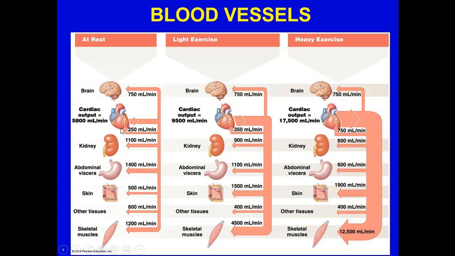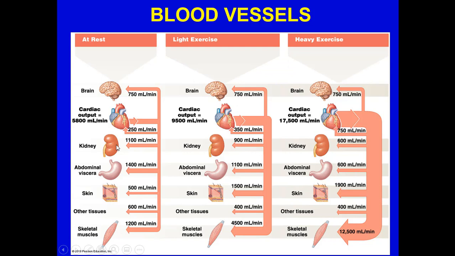Okay? And by the way, those lower numbers here, this is your cardiac blood supply to the heart muscle itself. Notice you go from 250. As you start getting more active, you go to 350. And as you go to heavy exercise, you're now pushing 3 times the amount of blood through that heart muscle.